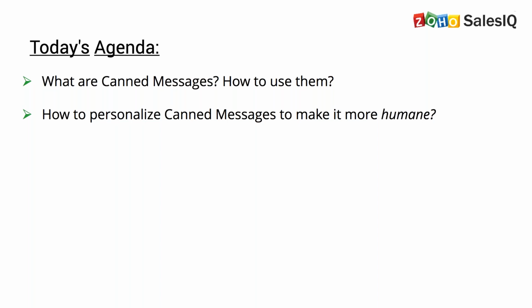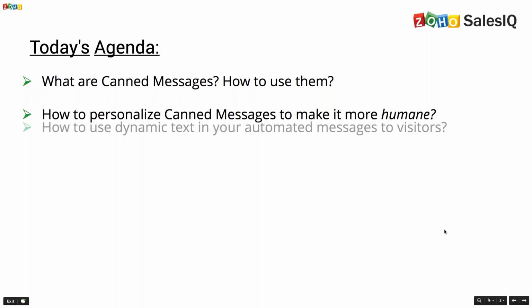So is it possible to use a canned message that adapts itself to the time of the day based on the clock? Yes, that's possible. There are many other such dynamically changing canned messages that take in inputs and change accordingly. So we're going to look at all of them and how to use them. So that's the second topic.